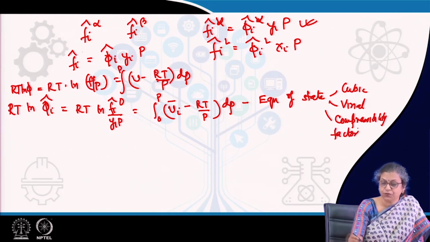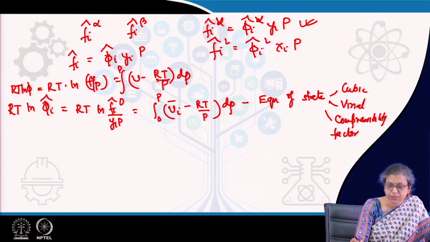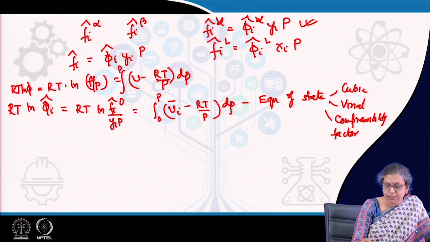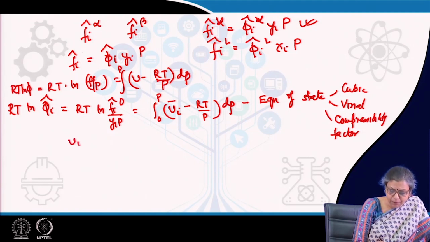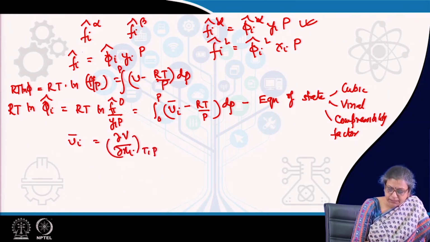But when we try to find it out for the liquid phase, what we find is that evaluating this particular integral is slightly difficult, because the partial molar volume, which is nothing but del V by del N_i at constant T, P and all the other components constant, varies with composition.